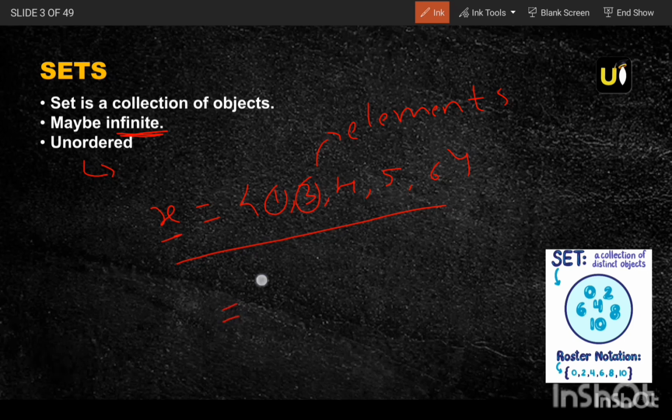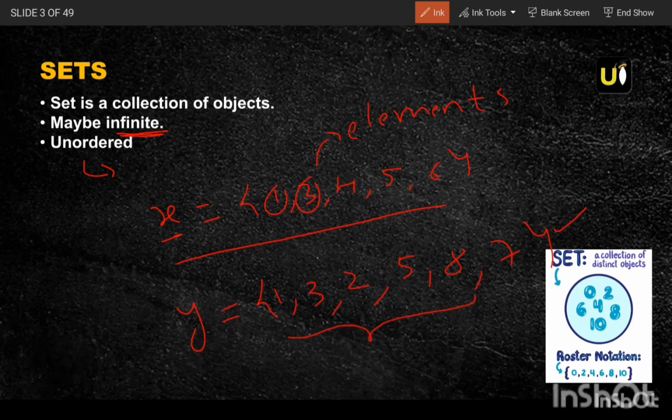So for example, let's consider another set: 1, 3, 2, 5, 8 and 7. This is also considered a set. Here we took a collection of some numbers with no order, but still this is a set.